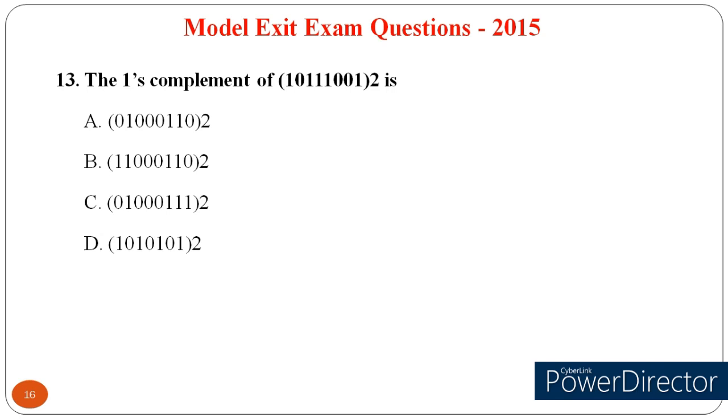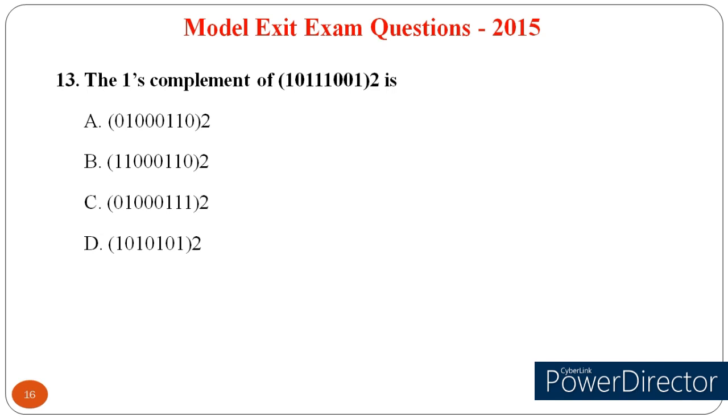In order to get the ones complement of the given binary number, simply invert the given binary number. When you invert the given binary number, look, the first given binary digit is 1.